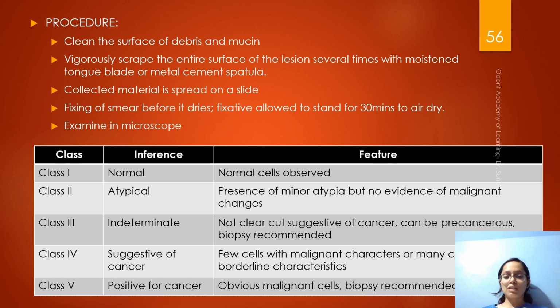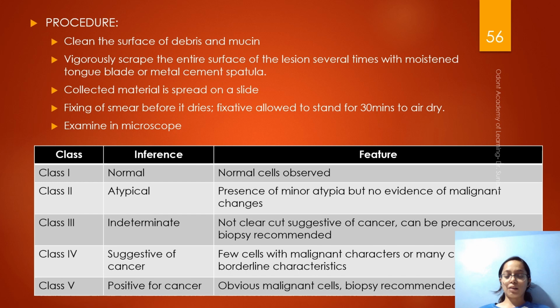Okay. If normal cells are observed, then it is class 1. If atypical cells, but there is no evidence of any malignant change, then it is a class 2 case. Class 3, if no clear-cut suggestion of cancer, but a precancerous lesion may have been validated, so biopsy is recommended. Then if it is suggestive of cancer, then it will be class 4.